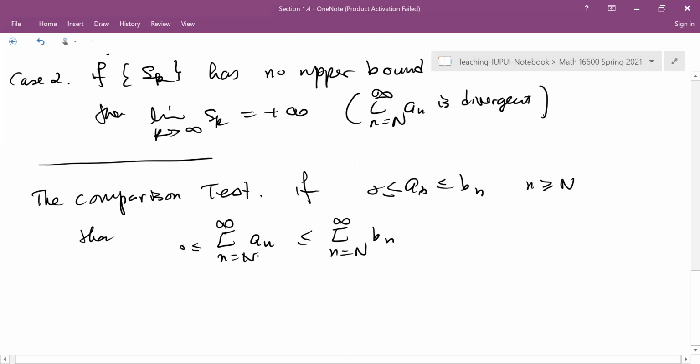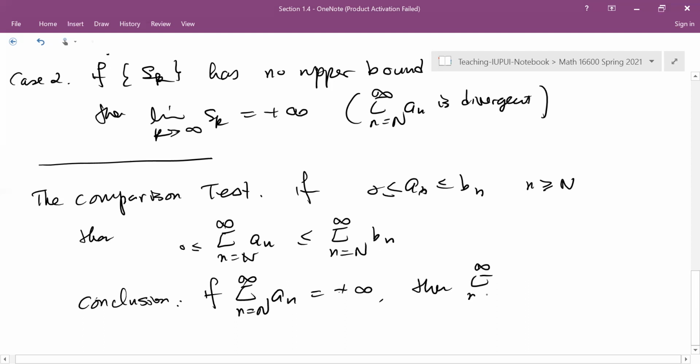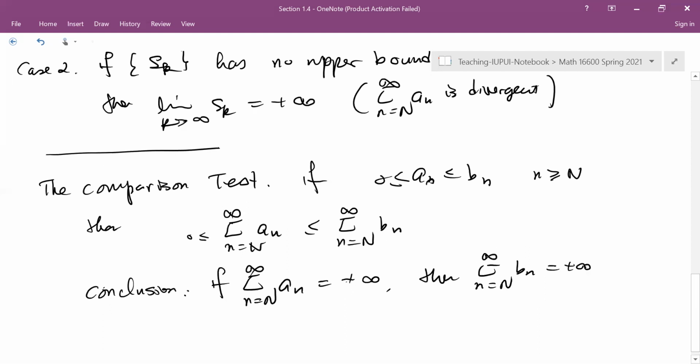So how do you conclude that? It's obvious. If this is infinity, then the one on the right-hand side is also infinity, right?